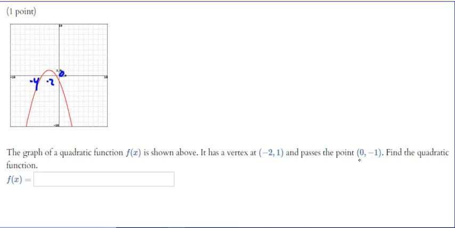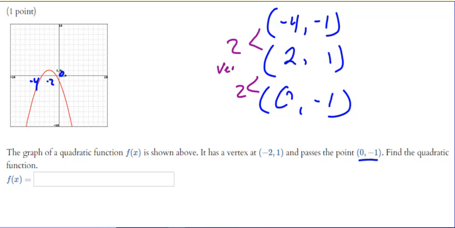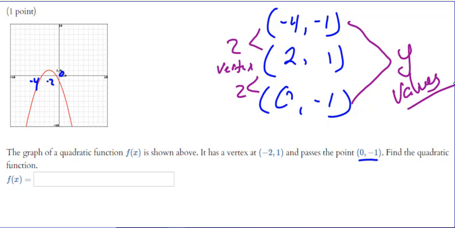So negative 4 comma negative 1, 2, 1, and 0, negative 1. If you look at this on the axis, they're 2 away from the vertex, right? And because they're 2 away, they have the same y values, right? So you can plug those in and do the quadratic regression.